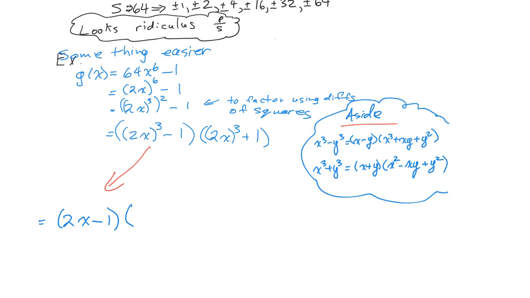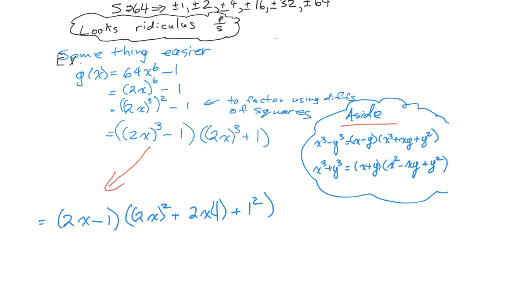So you're going to get 2x all squared plus 2x times 1, and then plus 1 squared.